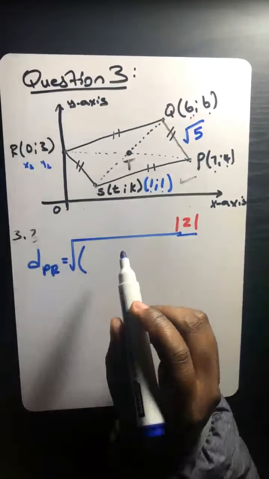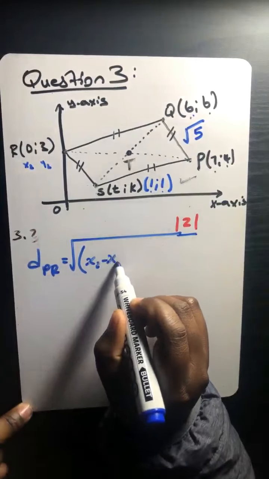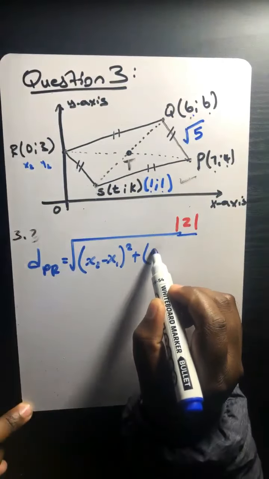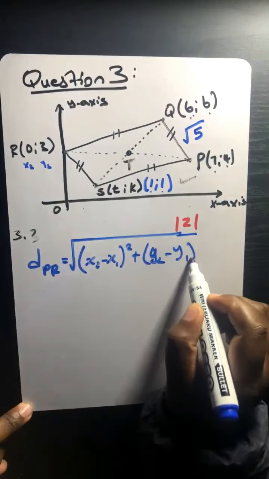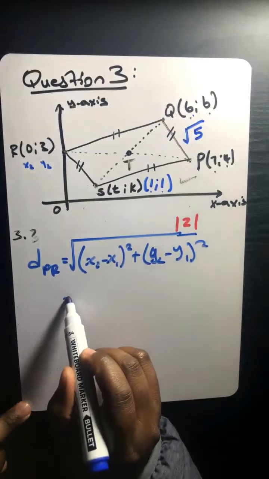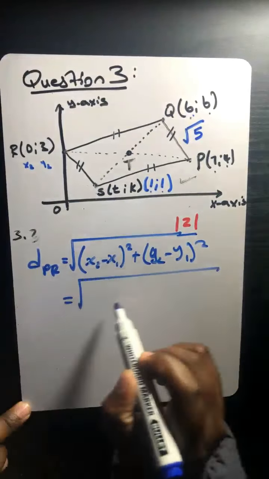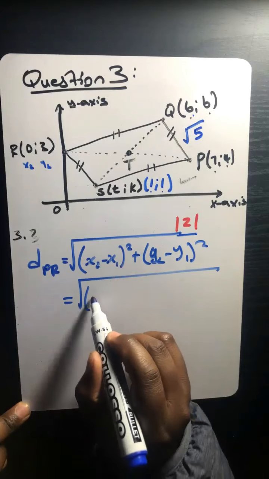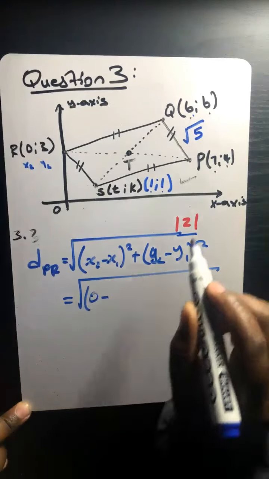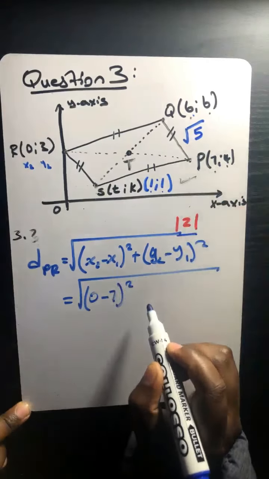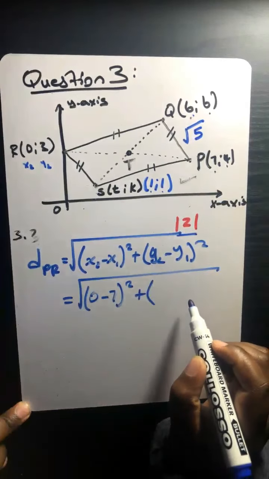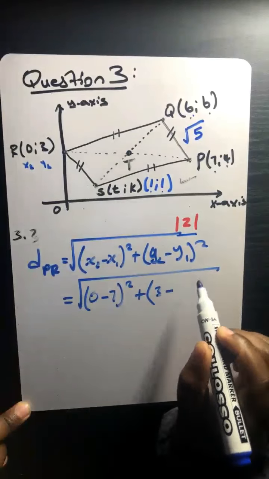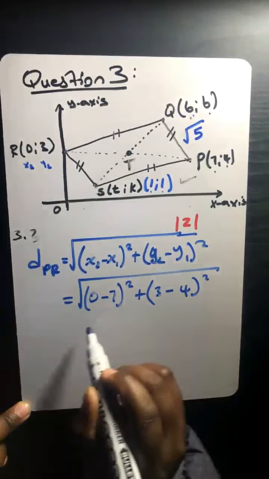The formula says the square root of X2 minus X1, squared, plus Y2 minus Y1, squared. When we substitute, the x value is 0 there, minus that x value there is 7, squared, plus the y2 there is 3 minus y1, which is 4, squared.